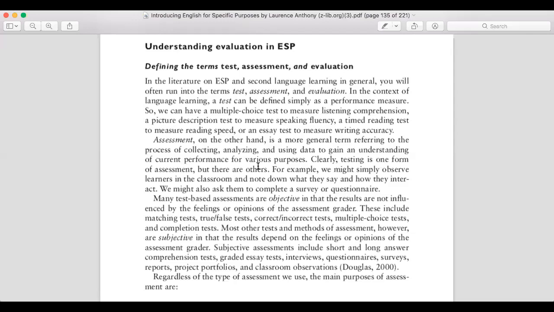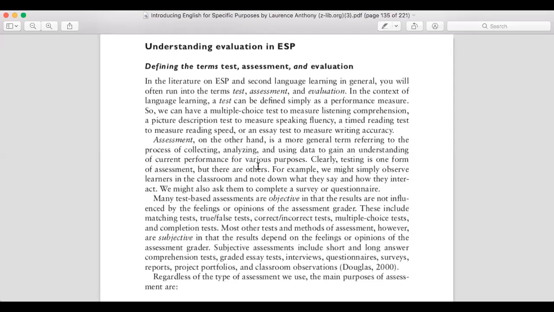Okay, how is he progressing through performance, right? So assessment is a more general kind of a term. It refers to a complete process, right? And assessment is not only done through a test, right? So assessment can be done through observation, through other ways and means also, right?